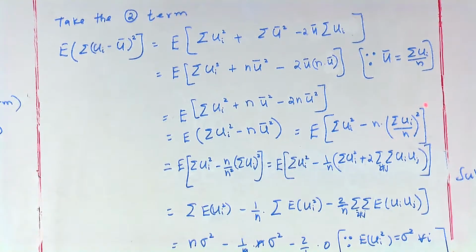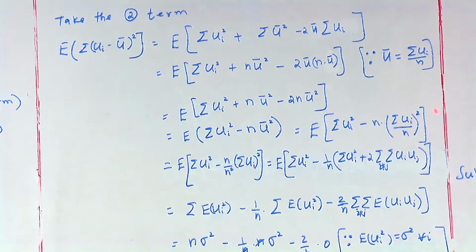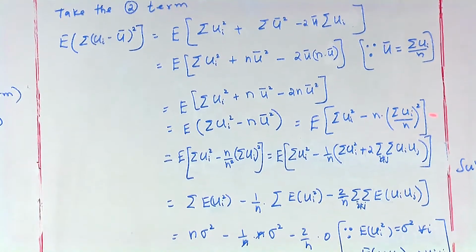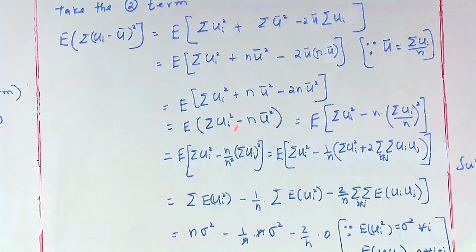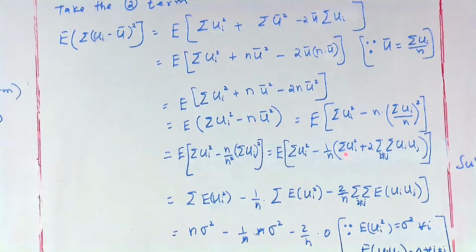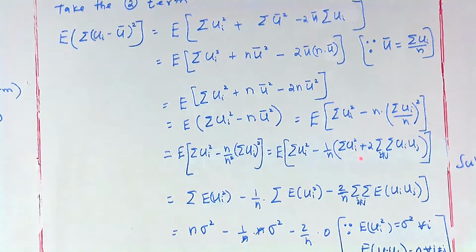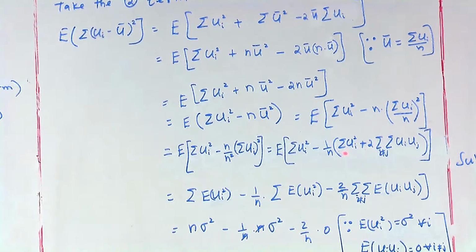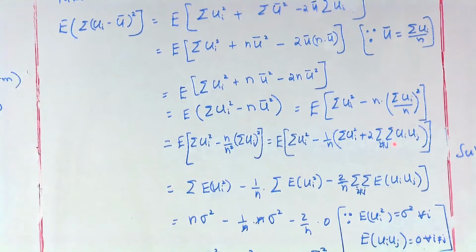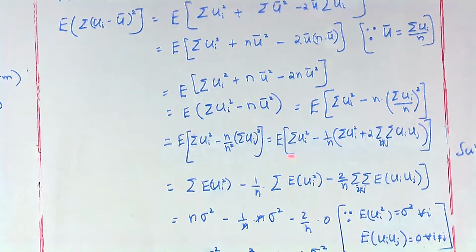We are going to apply the binomial expansion of this term. So the n is taken outside, n by n square, and we get the binomial expansion: Σui square plus 2 into double Σ ui uj for i not equal to j.